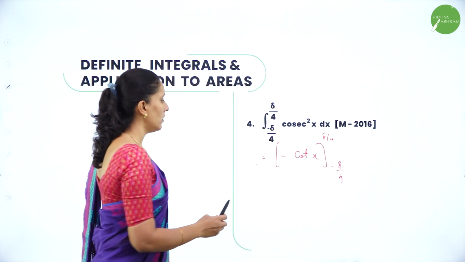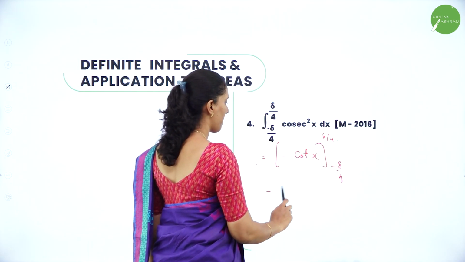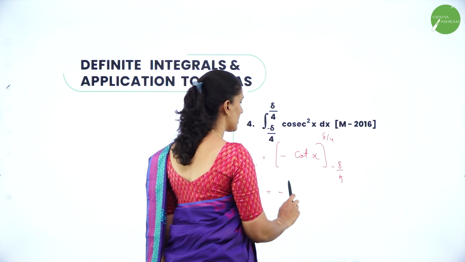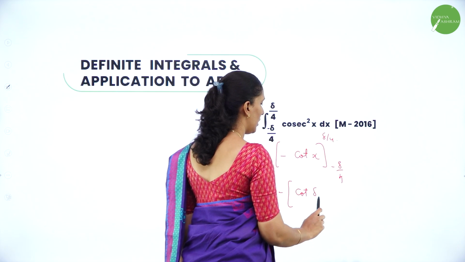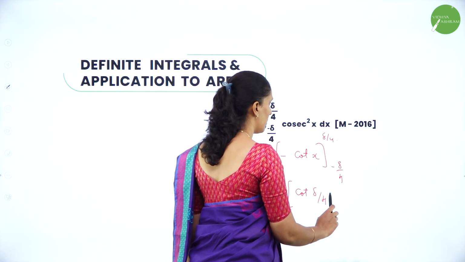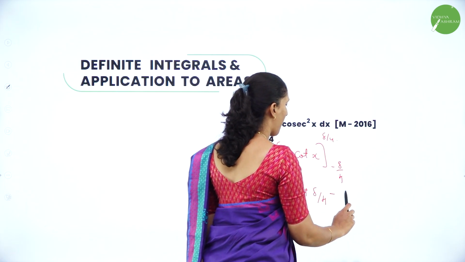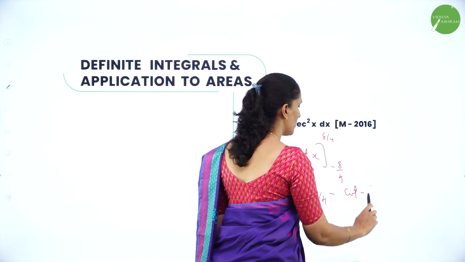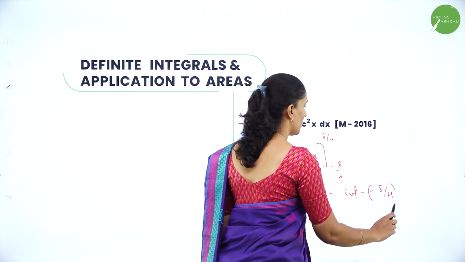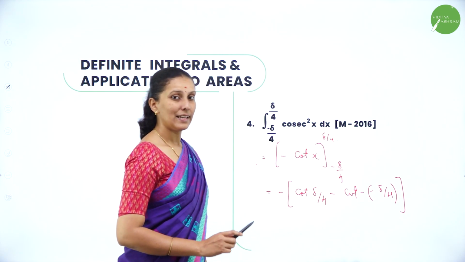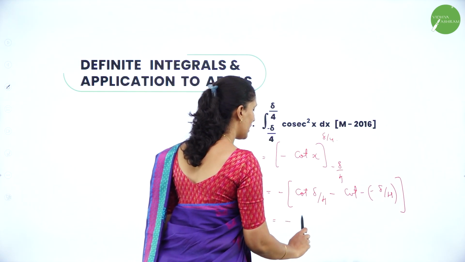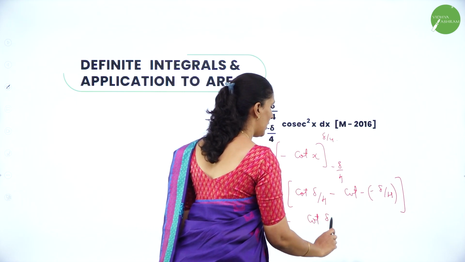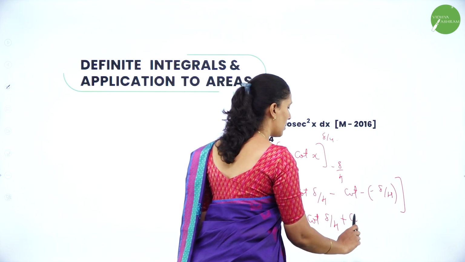So here we'll get this as, if we take minus outside, we'll get here cot theta by 4 minus cot of minus theta by 4. So cot of minus theta can be taken as minus cot theta. So which becomes minus cot theta by 4 plus cot theta by 4.